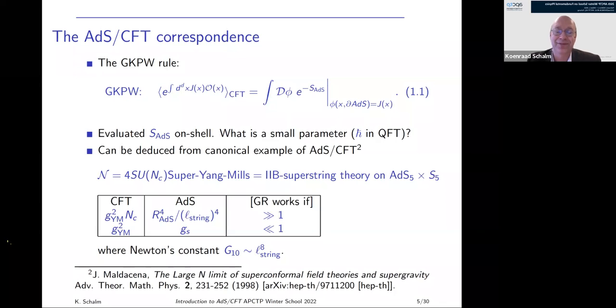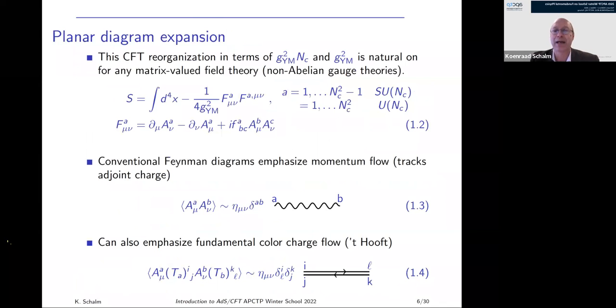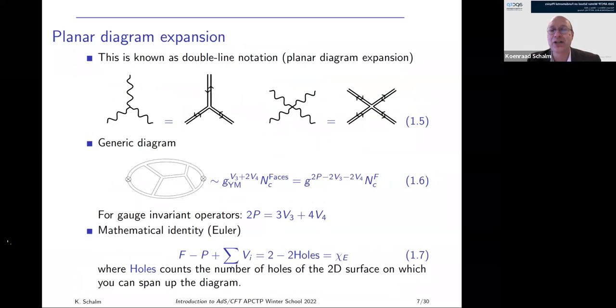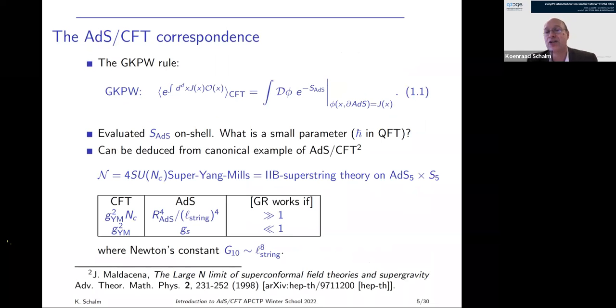You should just do this Feynman diagram expansion. But even at a small but finite g squared N_c, this Feynman diagram expansion somehow knows that eventually out of this emerges, literally in the physics sense of emergence, a space-time description. The philosophy behind what not just Harlow but several people are trying to do is how can you understand the emergence of space-time, and can you already identify geometric structures even for finite g squared Yang-Mills N_c?